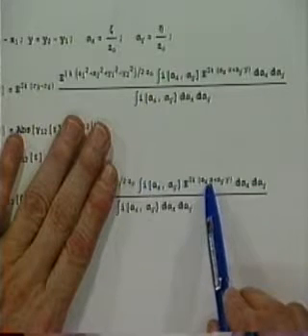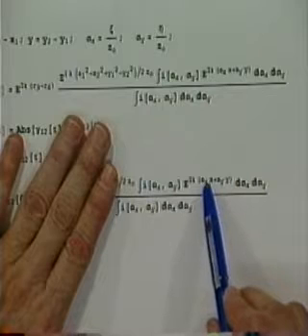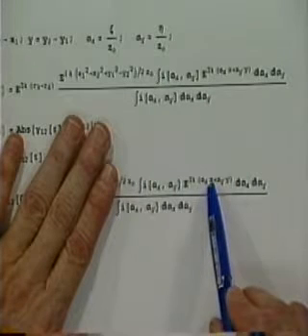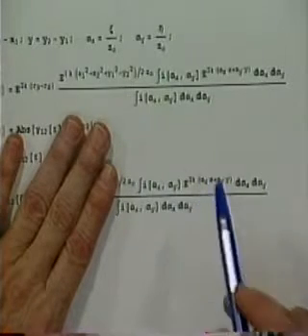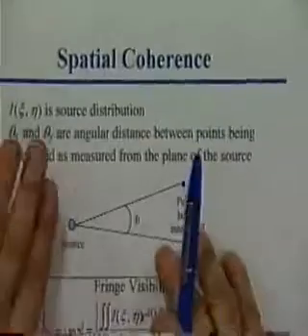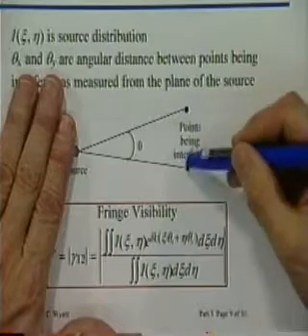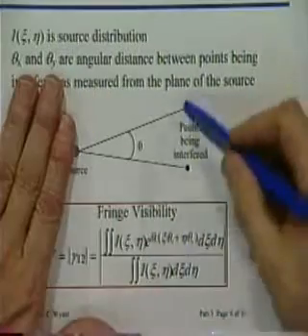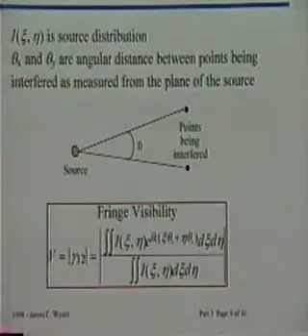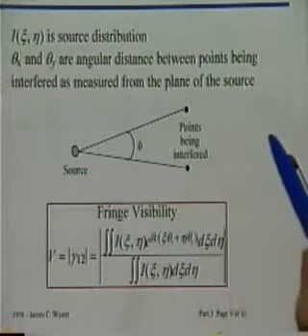Here we're looking back at the source and expressing source coordinates in angle. Here I'm sitting where the source is, and I'm expressing the distance between the points being interfered in angle. Same thing. Sometimes one form is more convenient than the other.